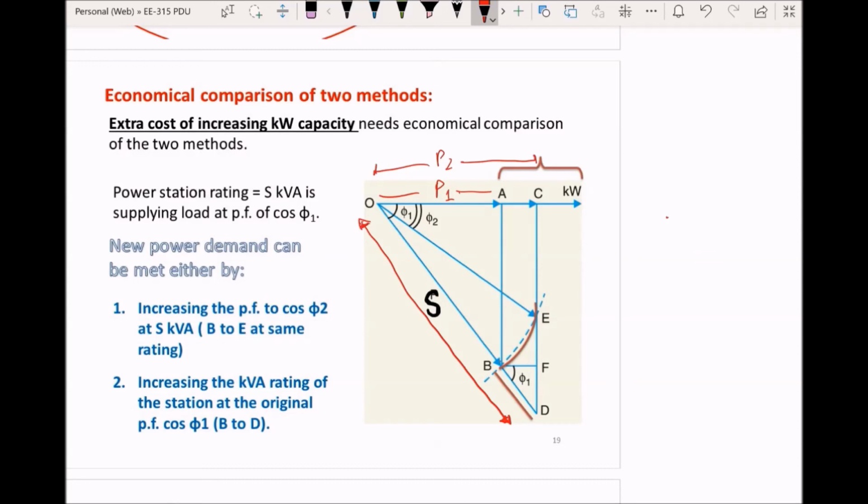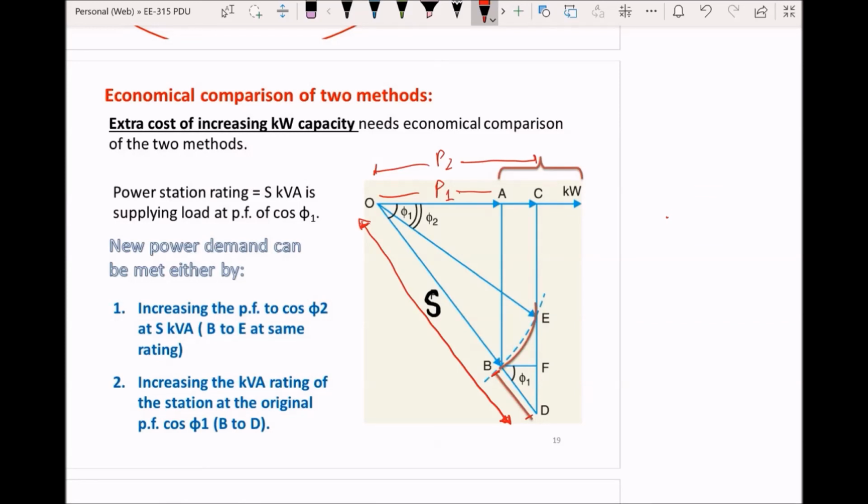Okay, this we understand. Which means that BD is the extra capacity which should be increased. So BD, this portion in red, is the extra capacity which should be added, but for the same power factor, which was phi 1. So that was the first method.